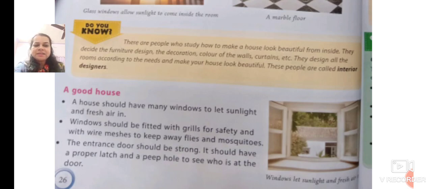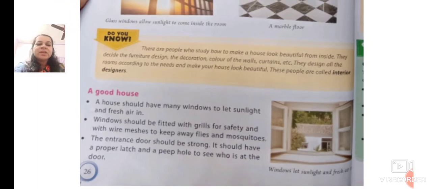Flies, insects, mosquitoes will come in, but thieves can also come inside the house if we don't have grills. So the grills are very important for the windows, and wire meshes. The net which is put in the window is very important to keep away the flies and mosquitoes.